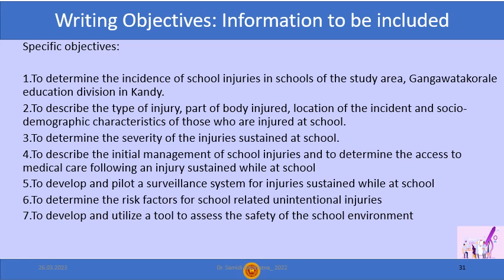These are some of the specific objectives that you can develop using all the information that we talked through in this presentation. You may include some more, but this is a list of specific objectives that you can develop using the general objective we stated in the previous slide.